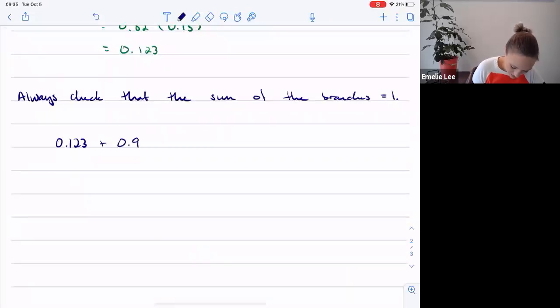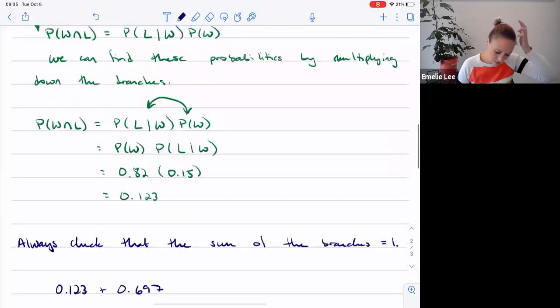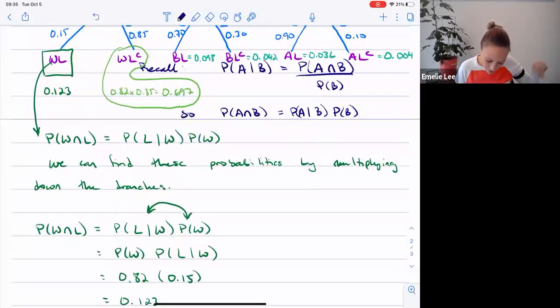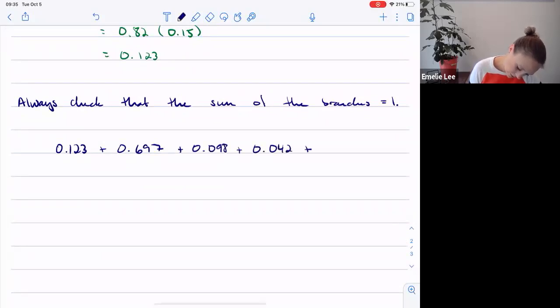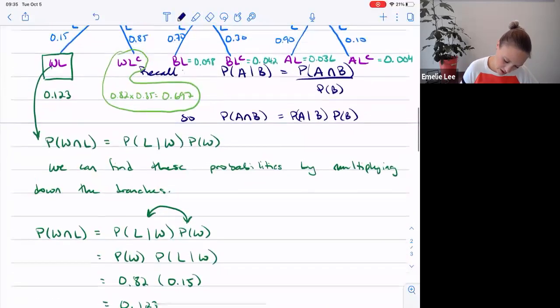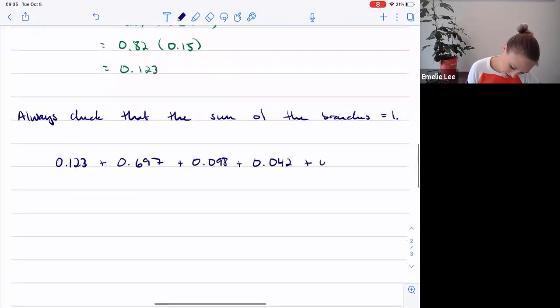So 0.123 plus 0.697, plus 0.098, plus 0.042, plus 0.036, plus 0.004.